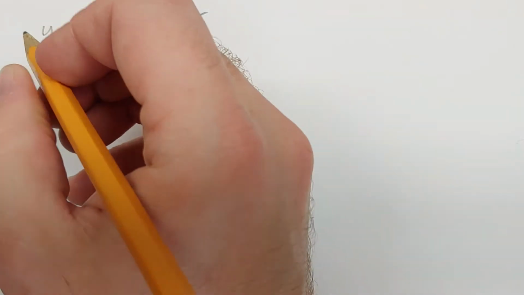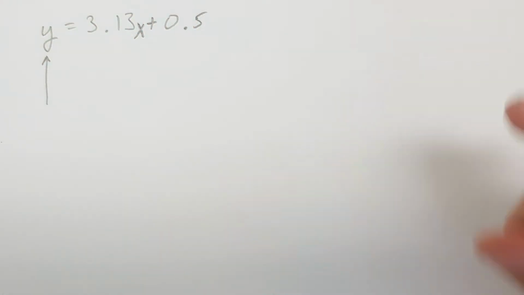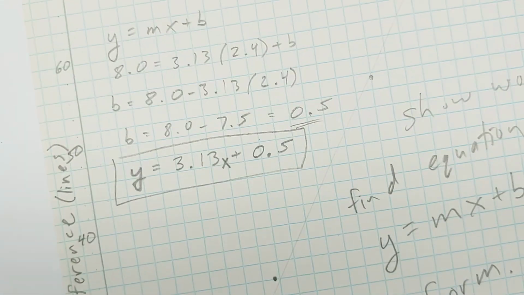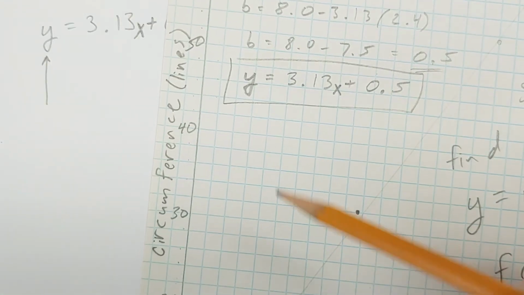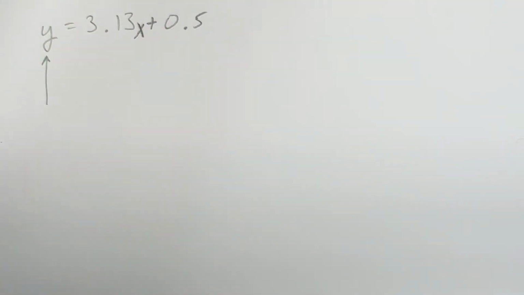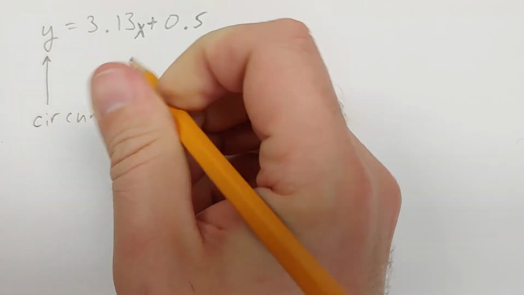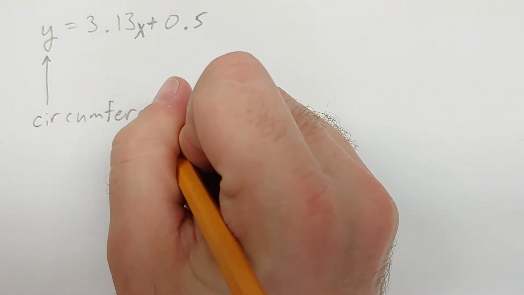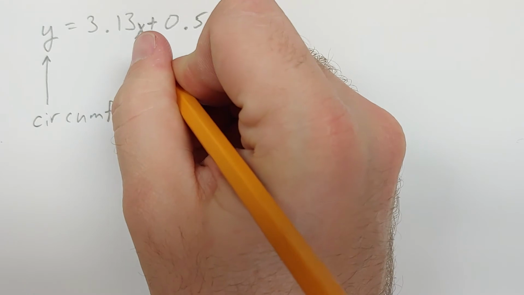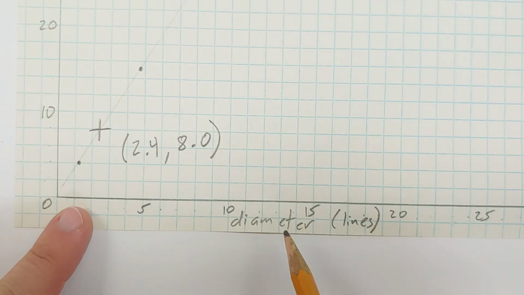We know that our y value, if you look at our graph, represents the circumference, and the x value was the diameter.